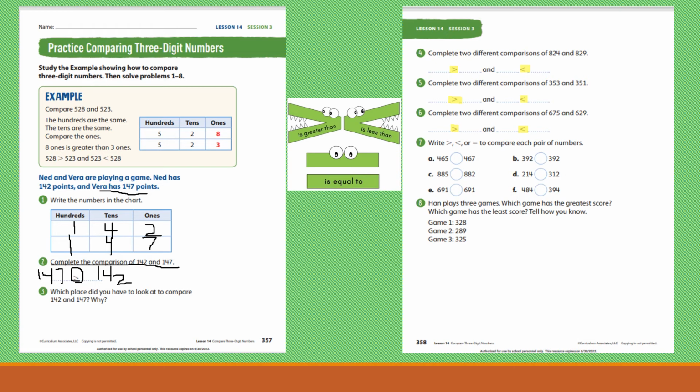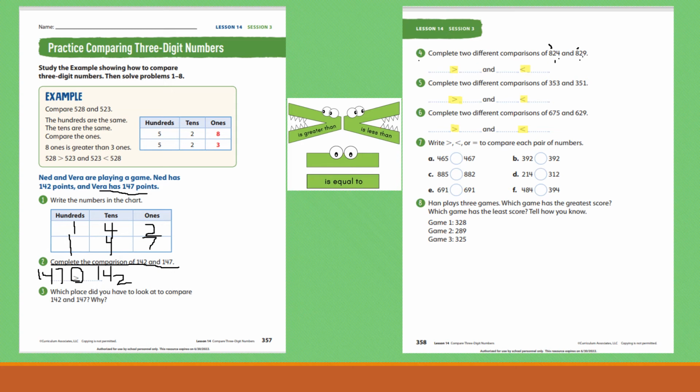What am I trying to say here? Okay. For 824, I have to compare the hundreds. Then I have to compare the tens. They're the same. And then I had to compare the ones. I have 4 ones and 9 ones. What is greater? 9.